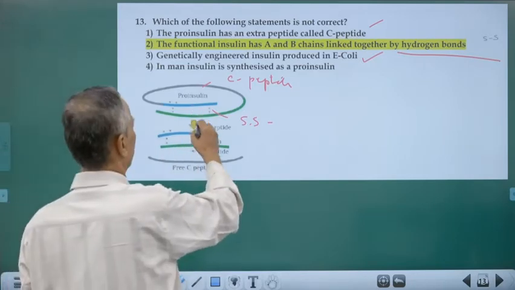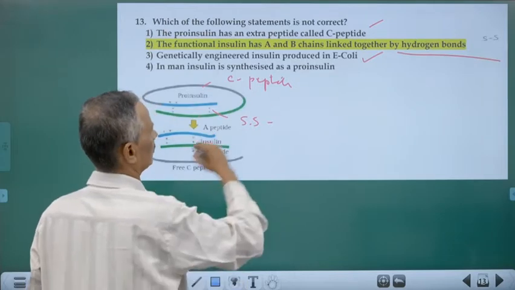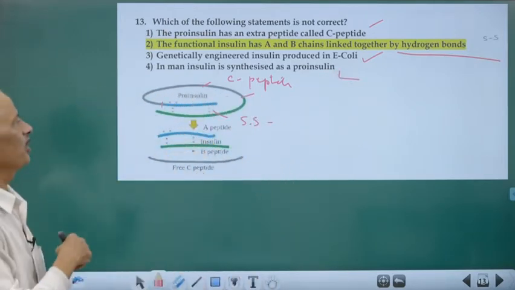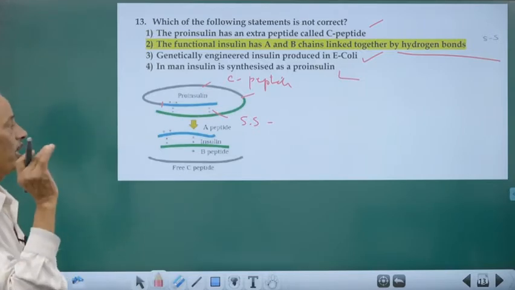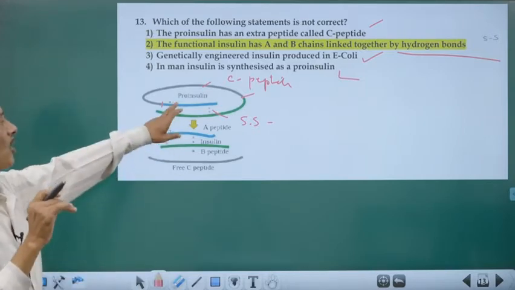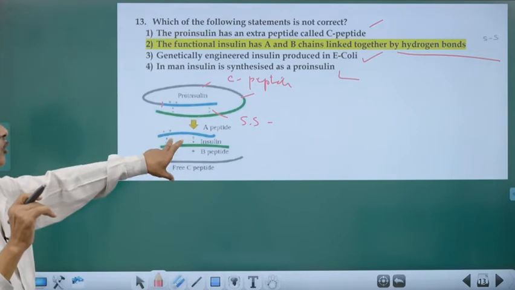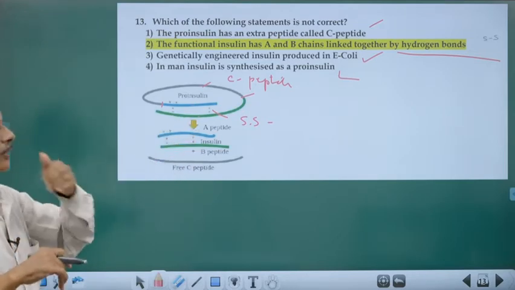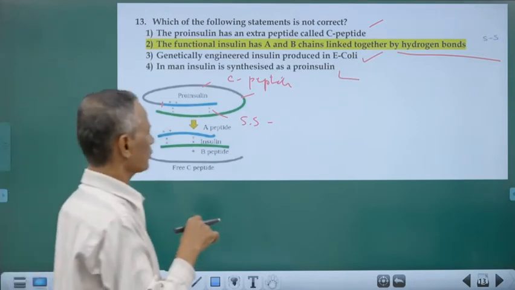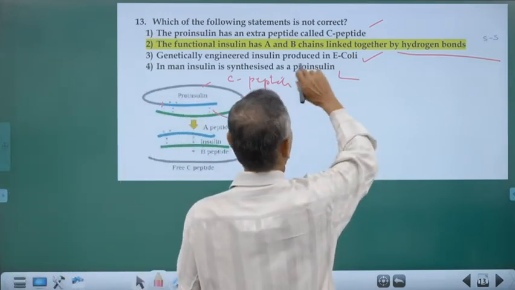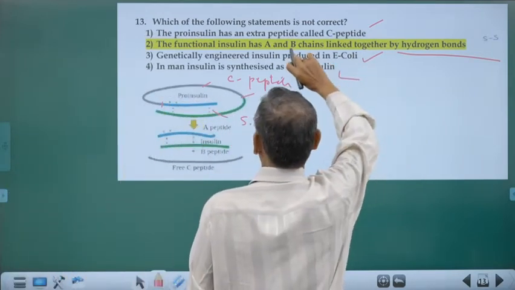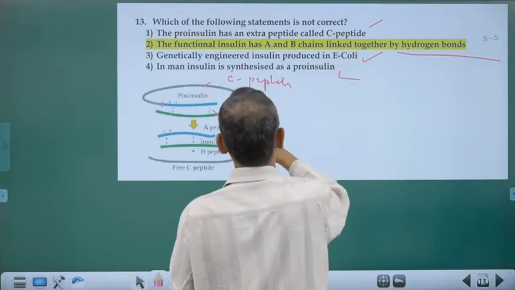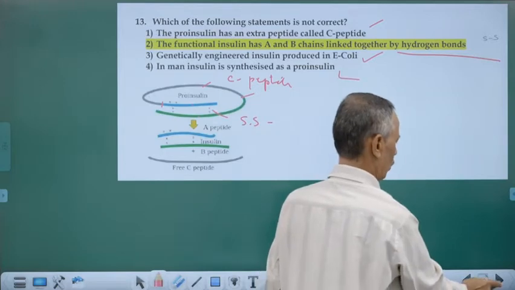What is a proinsulin? An inactive insulin, which has the middle C-peptide that is to be removed. Once it is removed, it will work. Alpha and beta will be joined together by a disulfide bond and that will be functioning. So all of these are correct, but the functional insulin A and B chains are held together by a disulfide bond, not by a hydrogen bond.